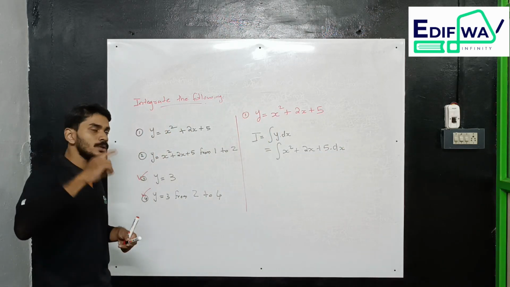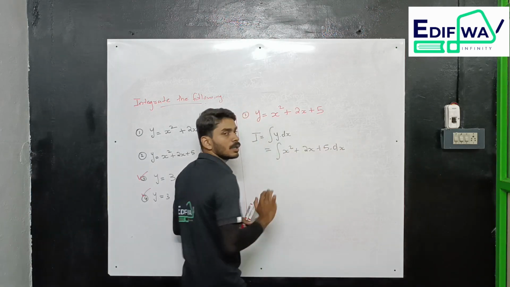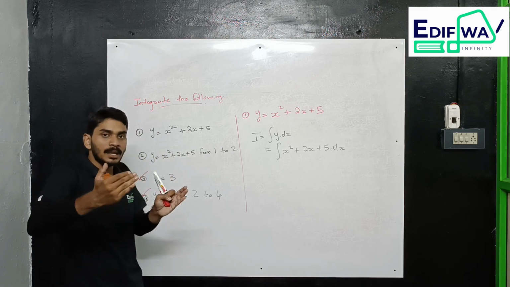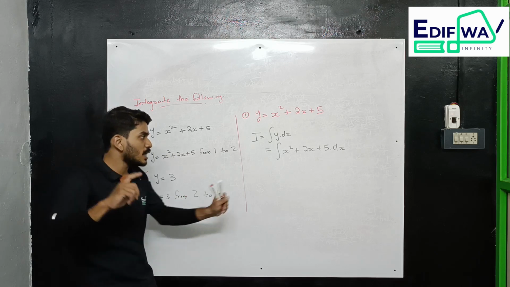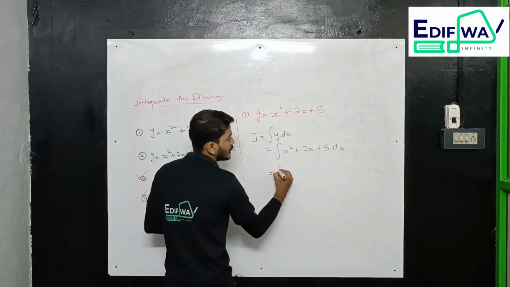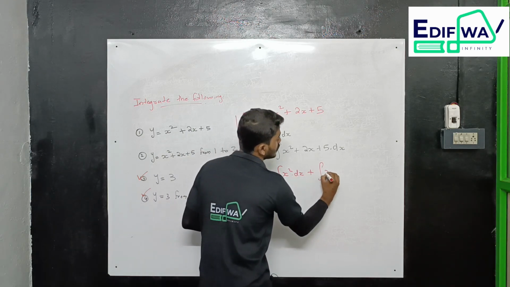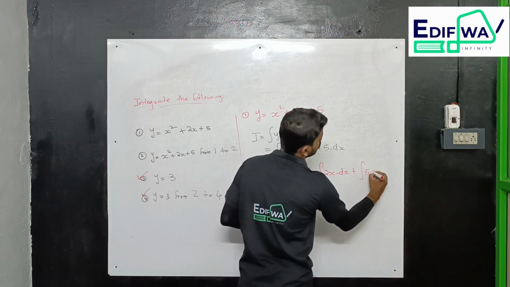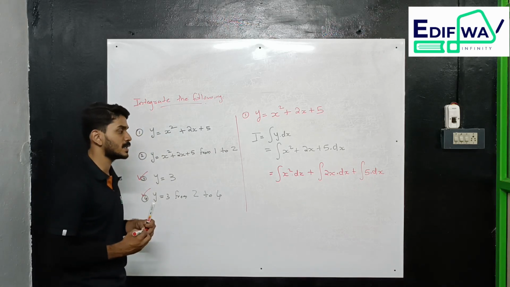Do you remember that rule? If there is a plus or minus symbol in between the terms, then you can separately differentiate. That is what we learned in differentiation. Here you can separately integrate. So how to integrate separately? Integral x square dx plus integral 2x dx plus integral 5 dx. You are integrating them separately.